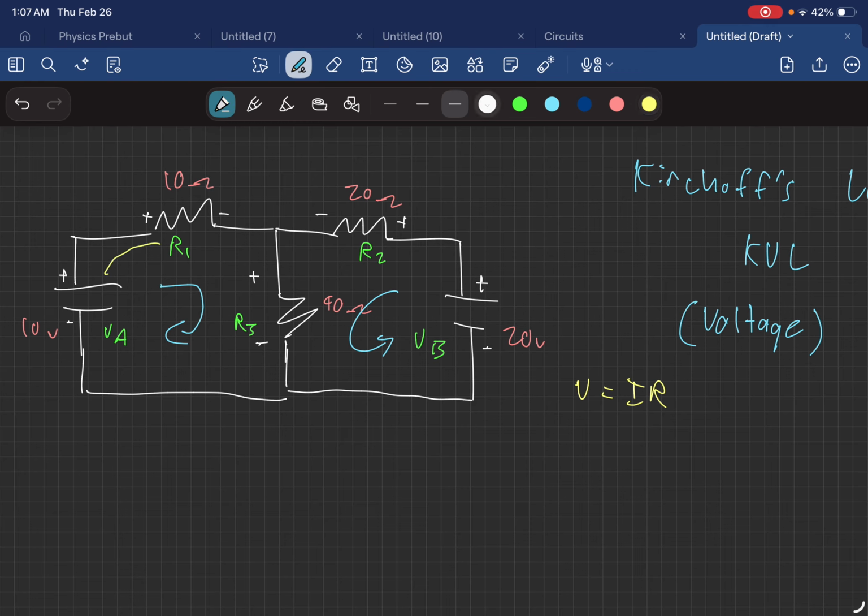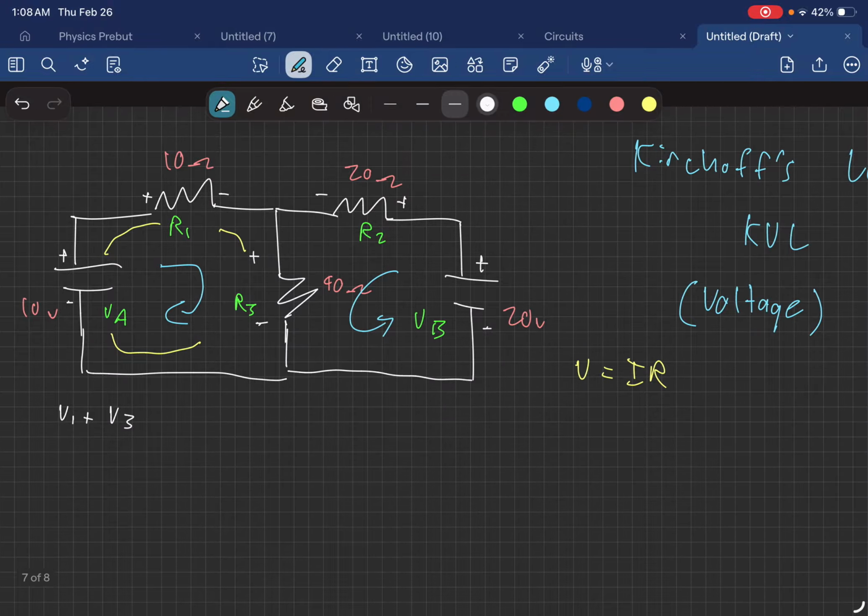Alright, so that's our V1. Plus V1. We move, and plus our V3. And then we move again, minus our VA, but let's just say we have a value for that, so let's just do minus 10 equals 0.